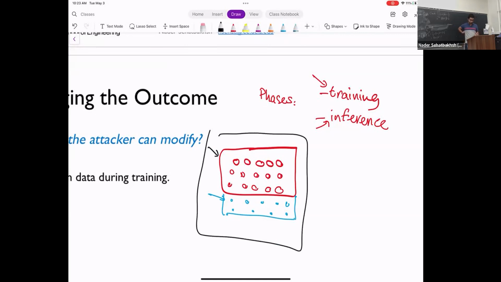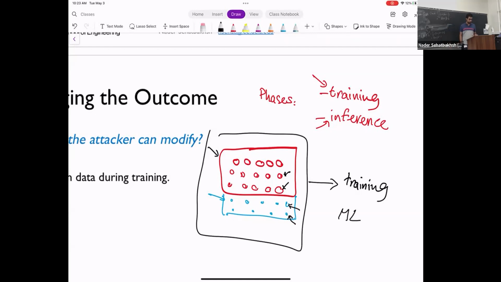An alternative scenario would be changing these labels, so we don't extend the input data set, we just change it. If we design these adversarial inputs or poison inputs correctly, when we are training our system, our machine learning model will be trained incorrectly.